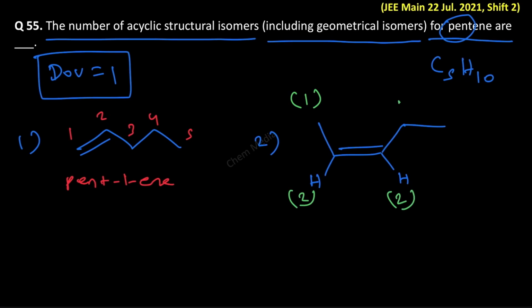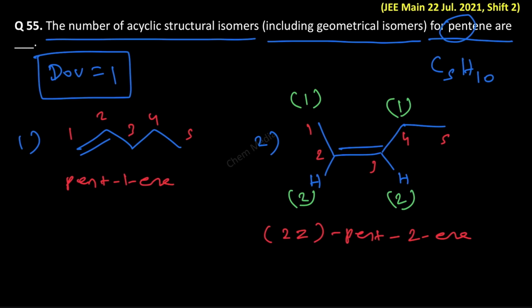So therefore our priorities are on the same side. When the priorities are on the same side, we call it the Z isomer. Therefore the correct IUPAC name for this molecule is, in parenthesis, 2Z, and then pent-2-ene.